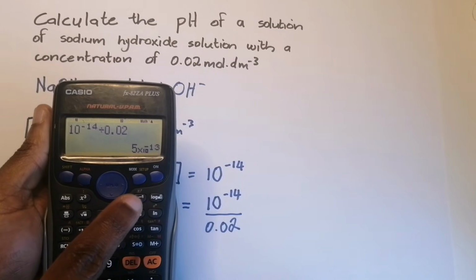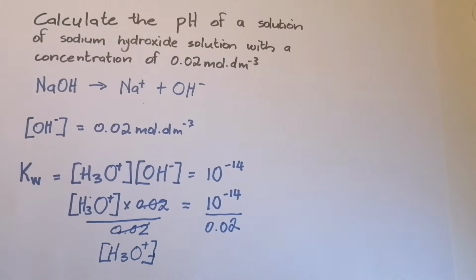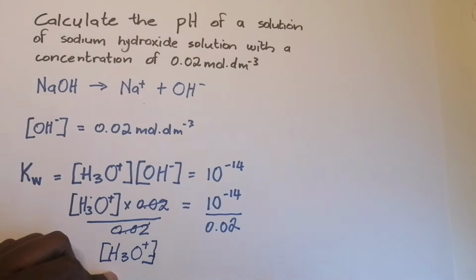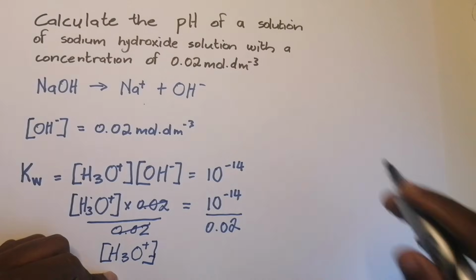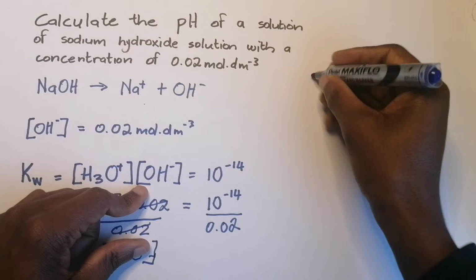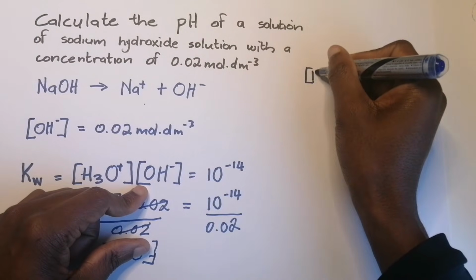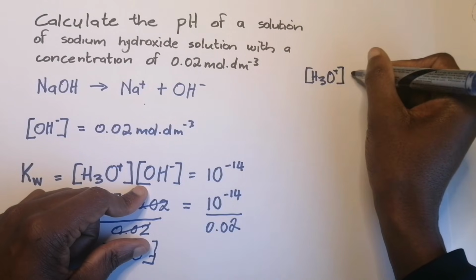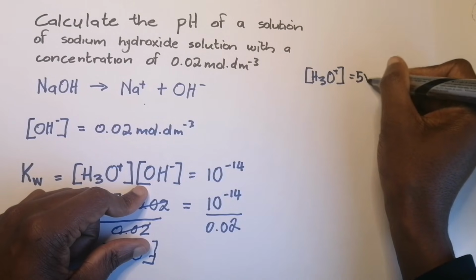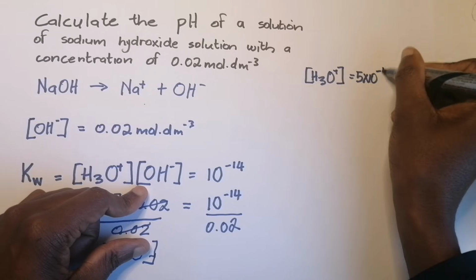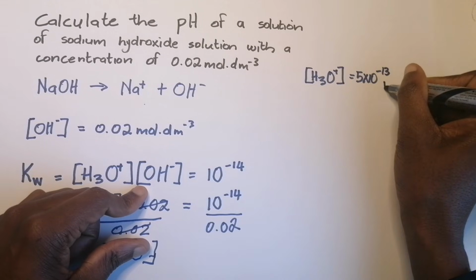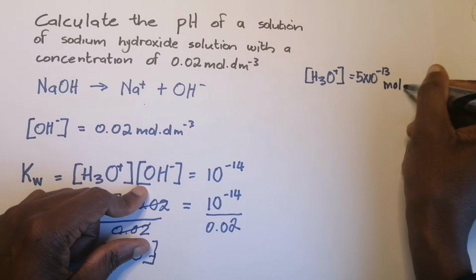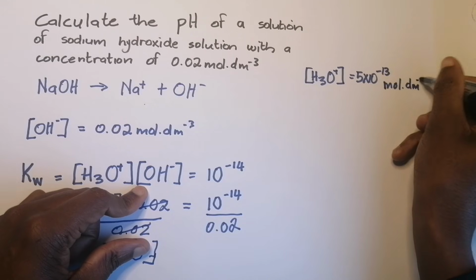Can you see that? So it means the concentration of my hydronium ions, let me just write it down on the other side, is actually 5 times 10 to the minus 13. Remember, this is in moles per cubic decimeter.